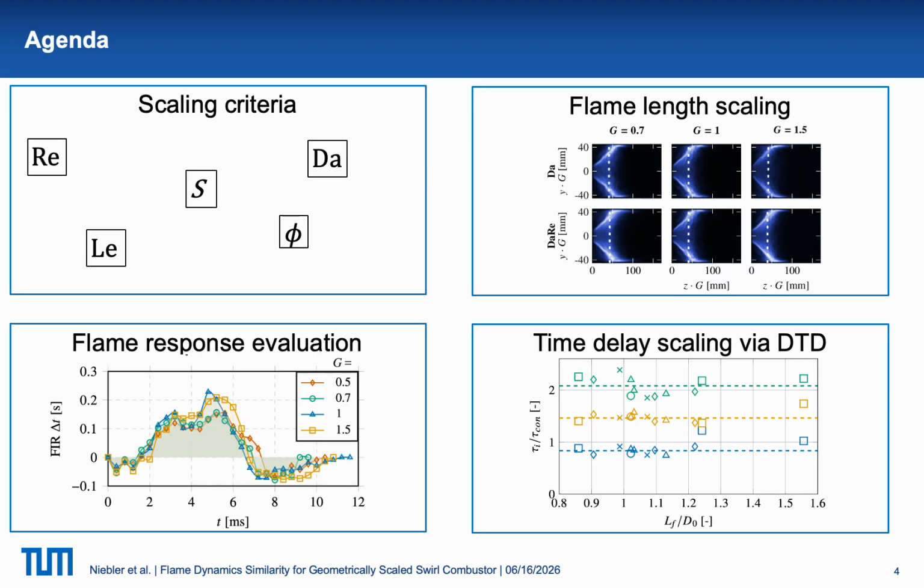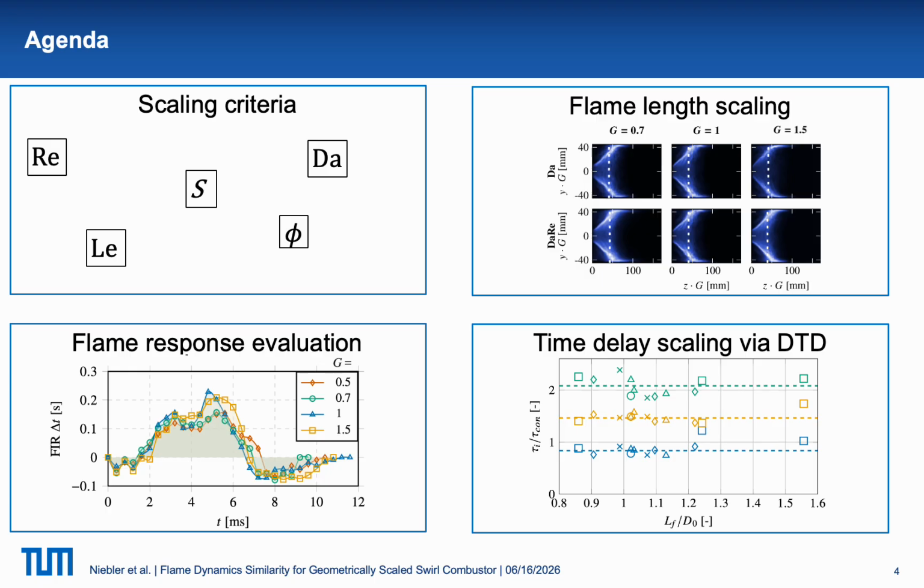If we talk about similarity in general, I think the most straightforward thing to do with this is to go into the non-dimensional numbers. In our case, to identify candidate criteria or candidate models that could guarantee or that could preserve flame dynamics similarity.